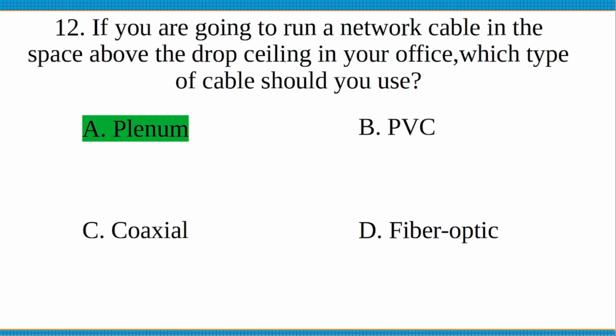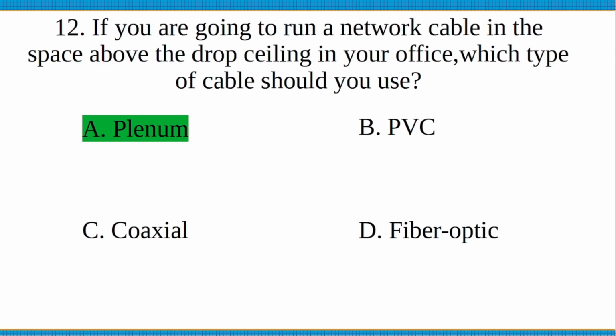For areas where a cable must be fire retardant, such as in a drop ceiling, you must run plenum grade cable. Plenum refers to the coating on the sleeve of the cable, not to the copper or fiber within the cable itself.